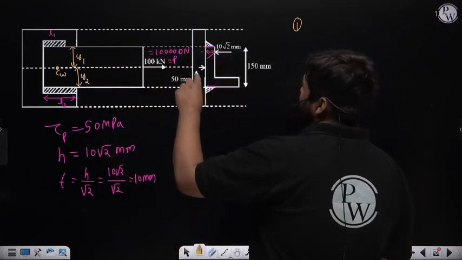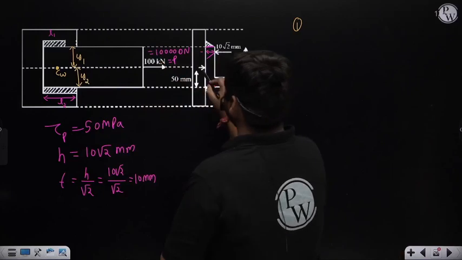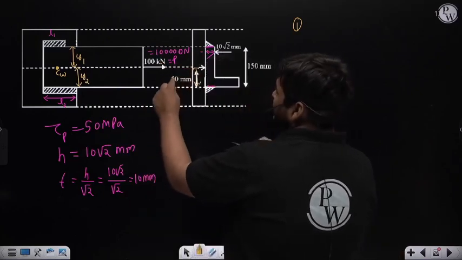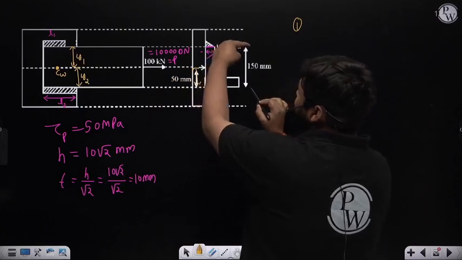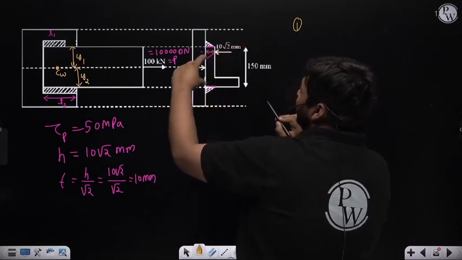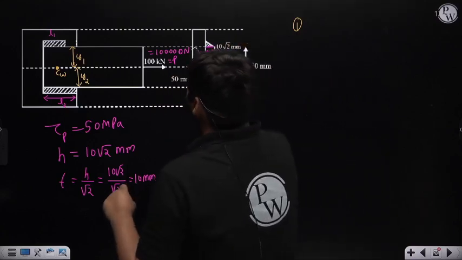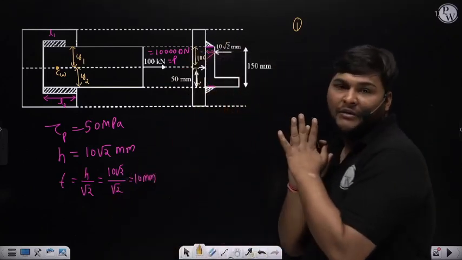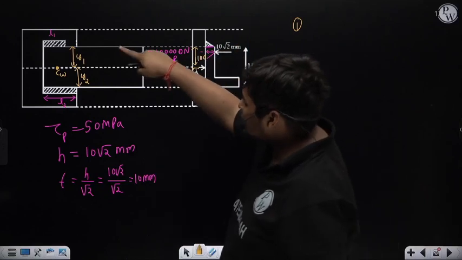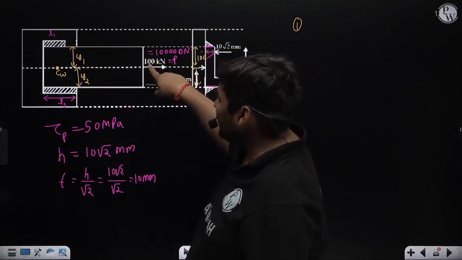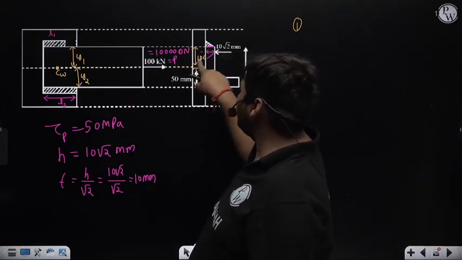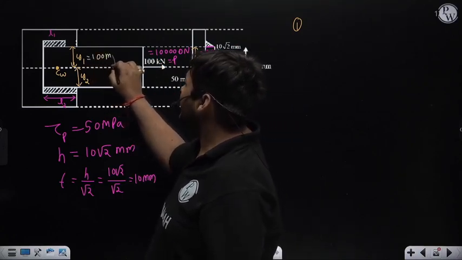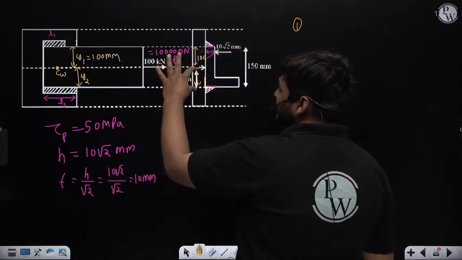From this diagram, this distance is given in the question. There is a little typing error. Actually this distance is 50 mm, and the whole height is 150 mm. So this distance will be 150 minus 50, that is 100 mm. All dimensions I am taking in mm. So the distance of load P from the top weld, Y1, is 100 mm. Now Y2 is this distance, which is already given in the question.